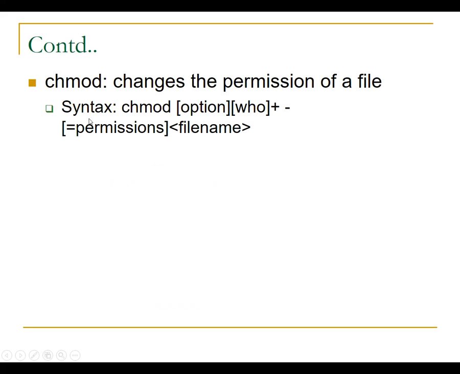Now the next one is chmod, that is, change mode permission. As umask represents the permissions which can be applied on a particular file, chmod is used to change the permission of that particular file.